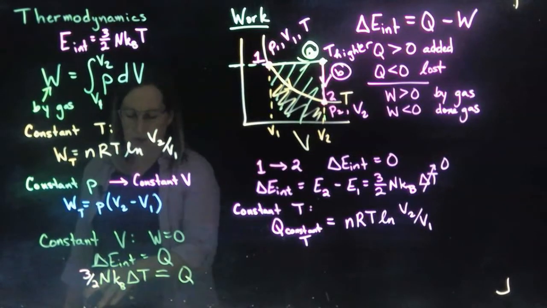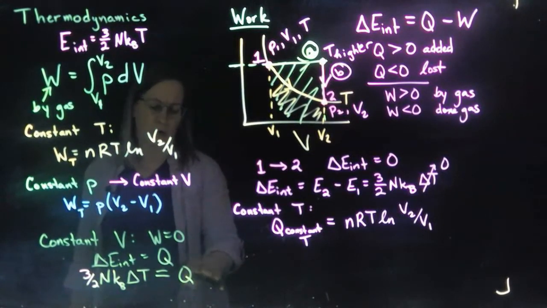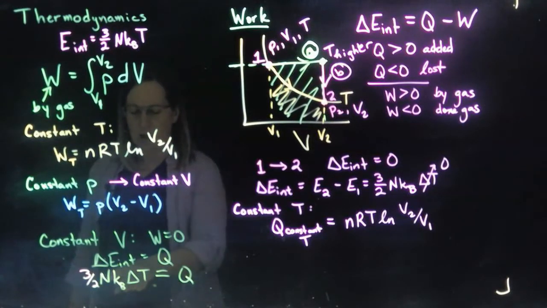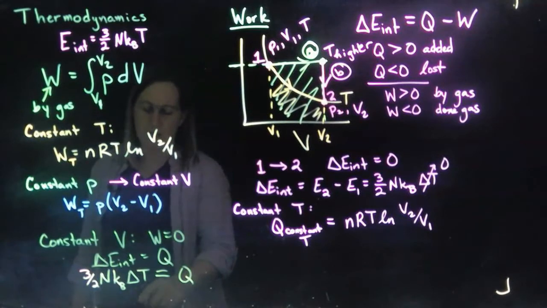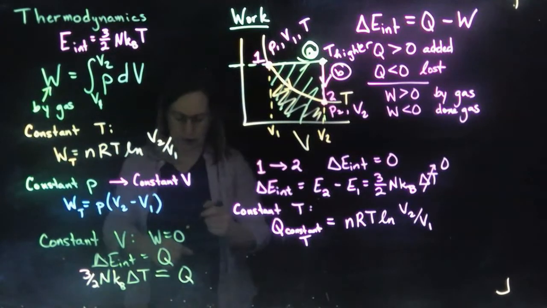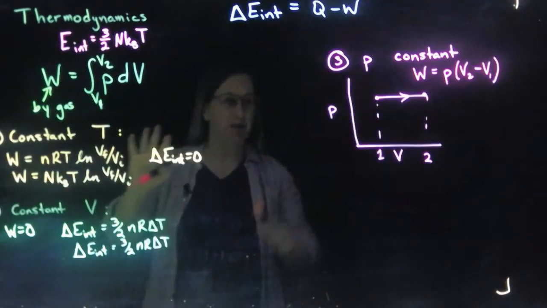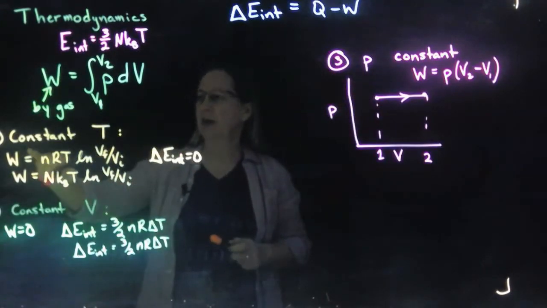So this is very similar to what we saw when we were looking at specific heat, that this tells us, based on how many particles we have, and this constant would tell us how the temperature changes.